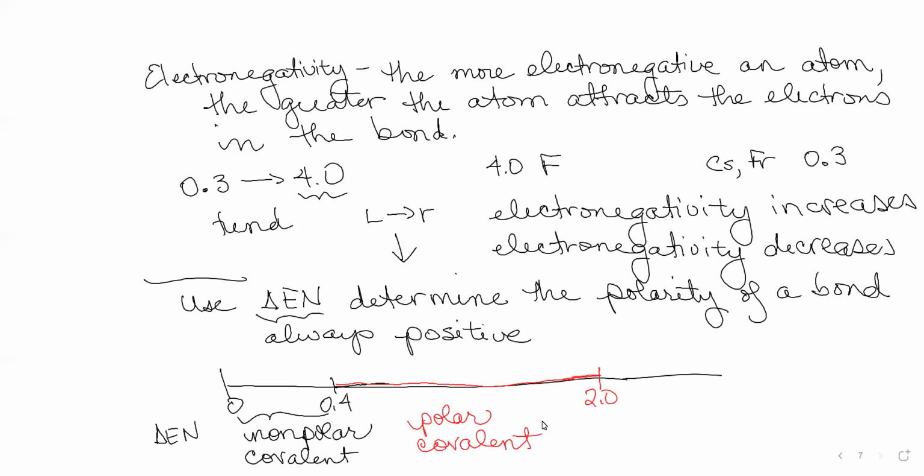And anything greater than 2.0, these are ionic bonds. So why are we interested basically in bonds that have these differences in electronegativity?